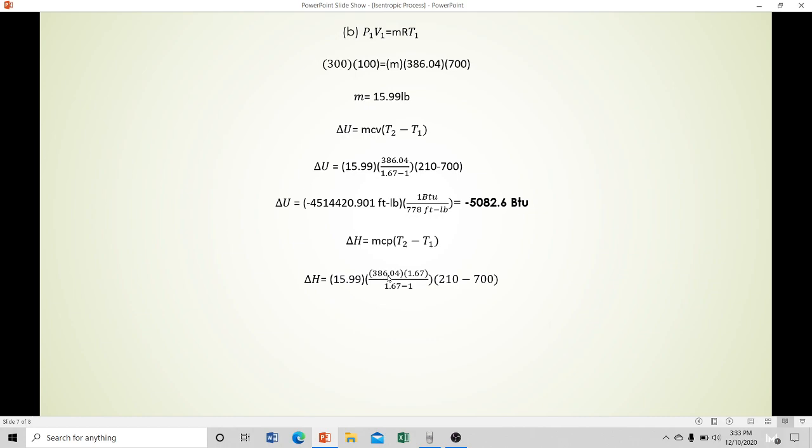So 386.04 times 1.67 over 1.67 minus 1, and then the temperature 2 is 210 and 700 for temperature 1. So we can get the value in terms of feet LB. By conversion, BTU is equivalent to 778 feet LB. So we can get the value of BTU. We have negative 9690.34 BTU.